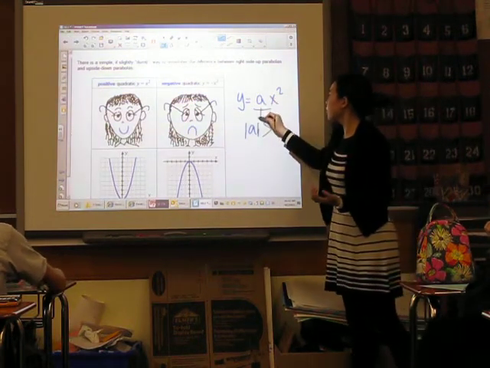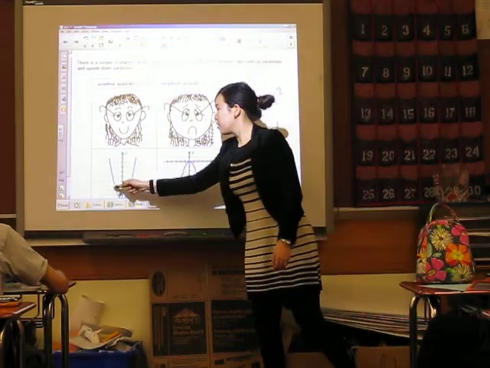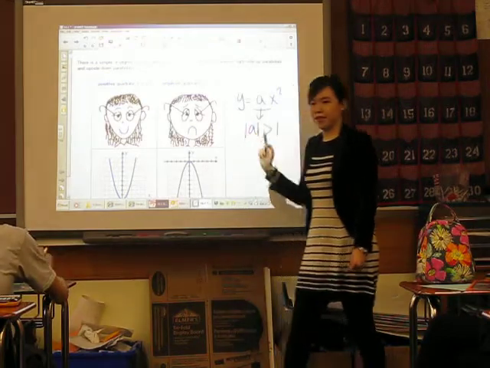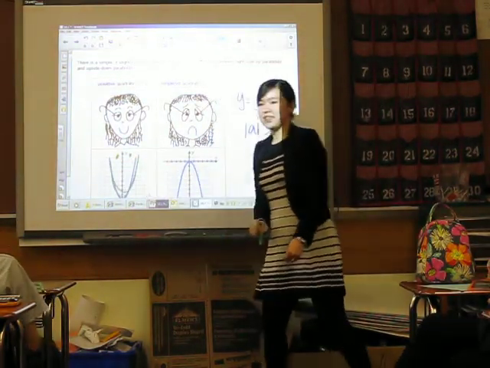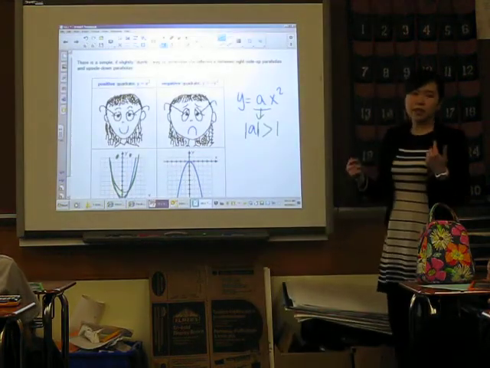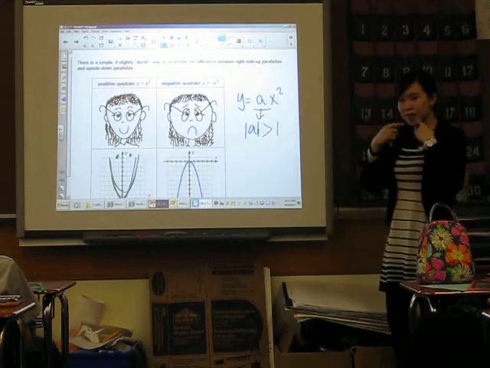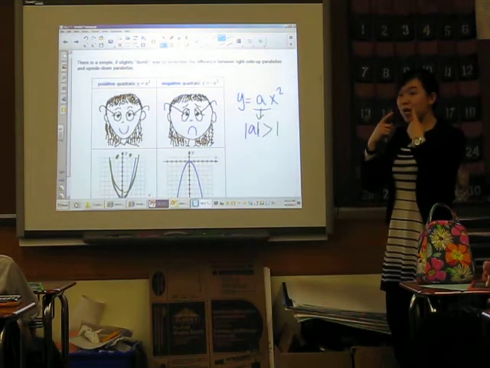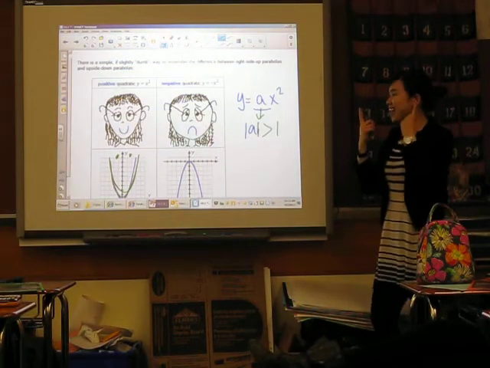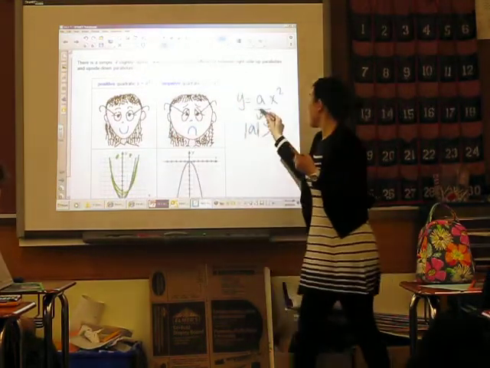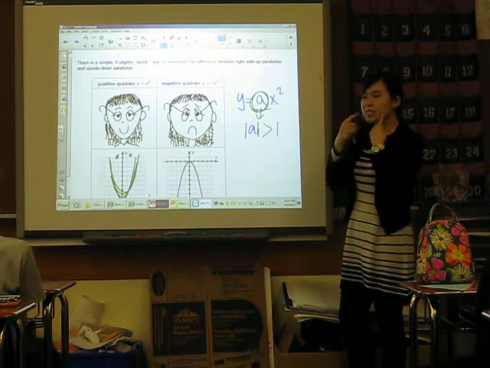When you have a positive a number, you will get a smiley face in your graph. See here, smiley face. The way to remember is that whenever you look at something positive, thinking positively, you will smile. Sometimes you get a 100 score on a math test, you will smile, which means positive. If a is positive, you will smile.